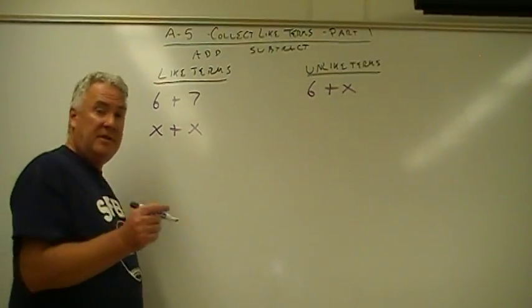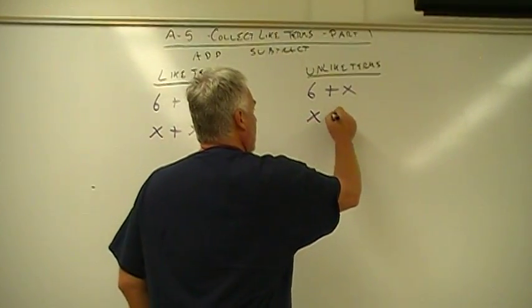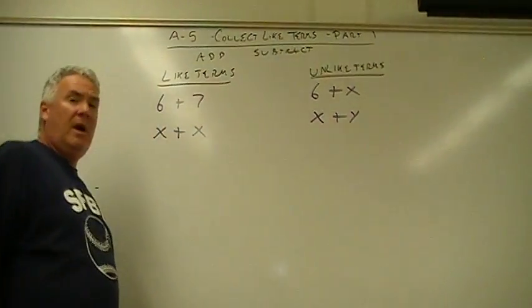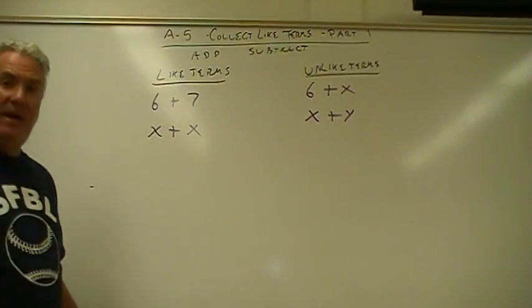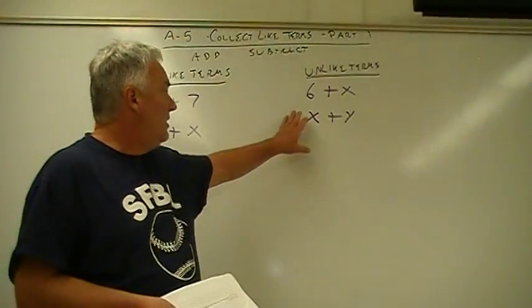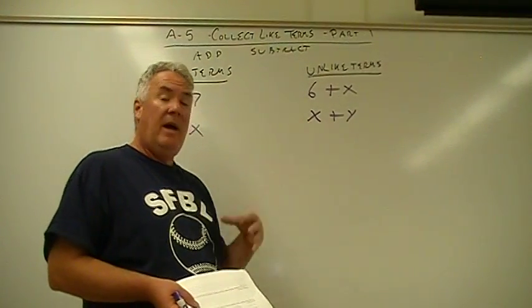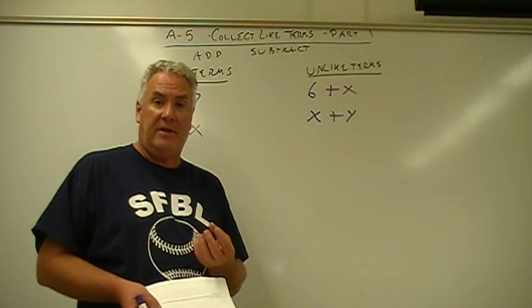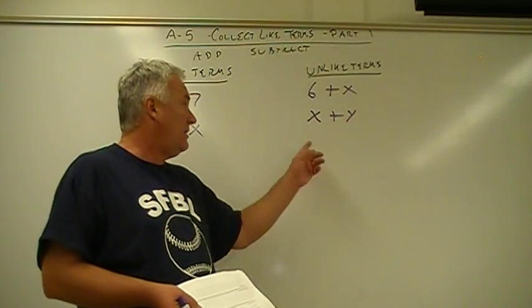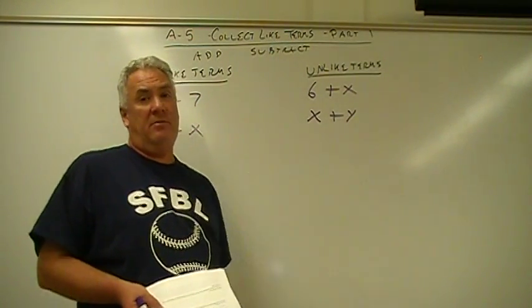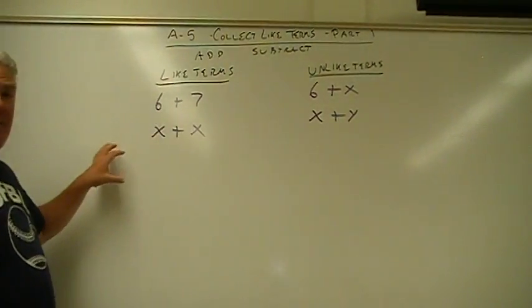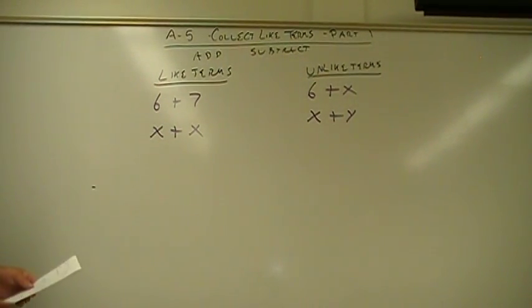I'll give you another set of unlike terms. If we have x plus y, we cannot add those together. They are not like terms. You cannot add x plus y unless we know the value of x and y, like we did in the last lesson. You just can't add x and y.